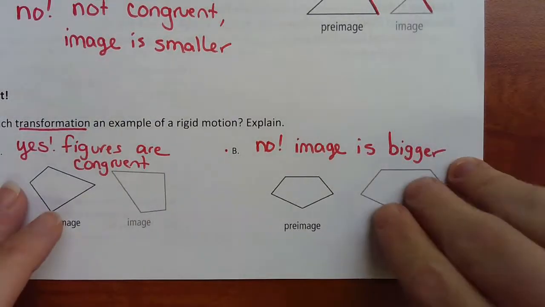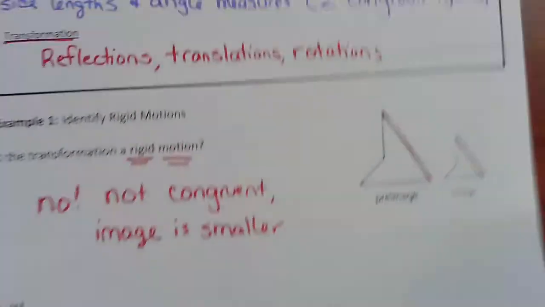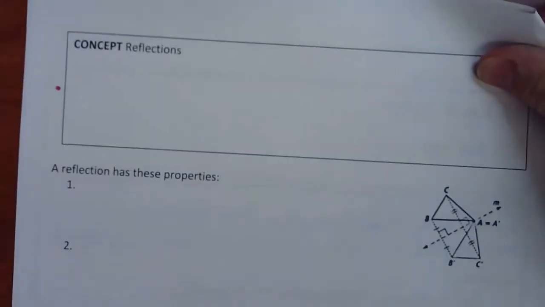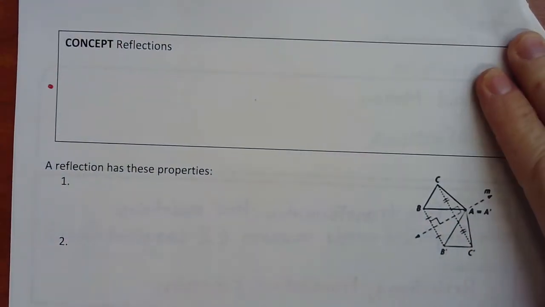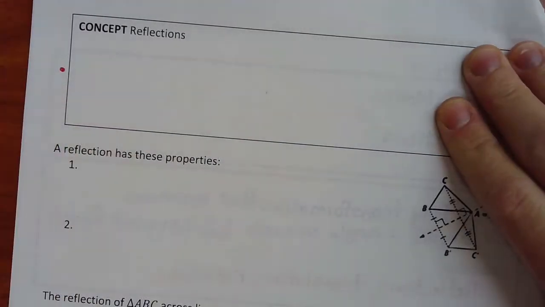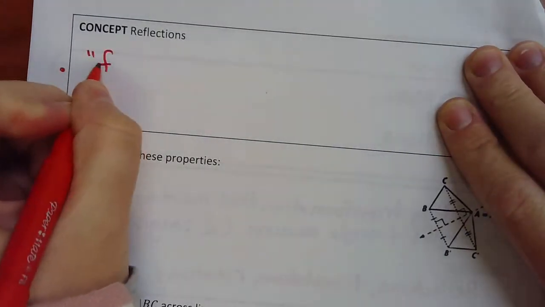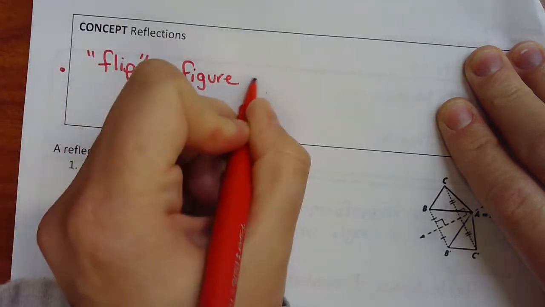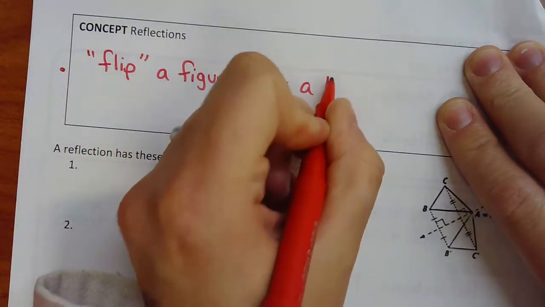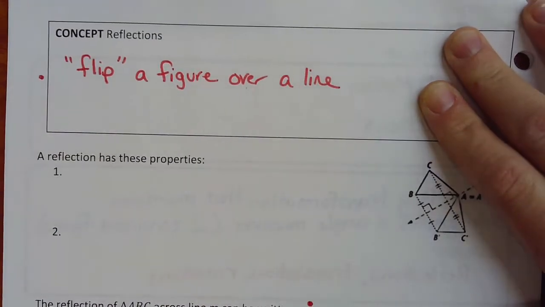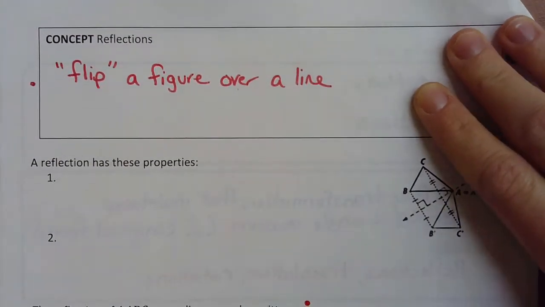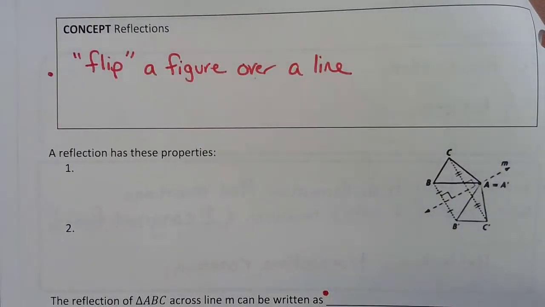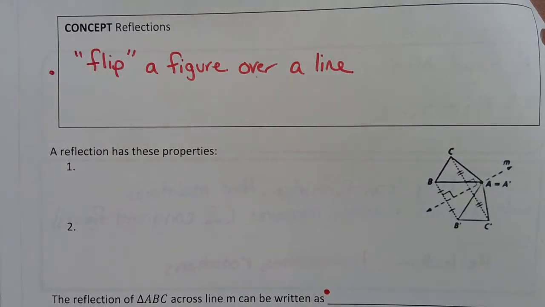So the main rigid motion, main transformation we are going to chat about today are reflections. Reflections are when you flip a figure over a line. That's my little technical term there. Because we are completely virtual right now, we are not actually going to be flipping over lines.